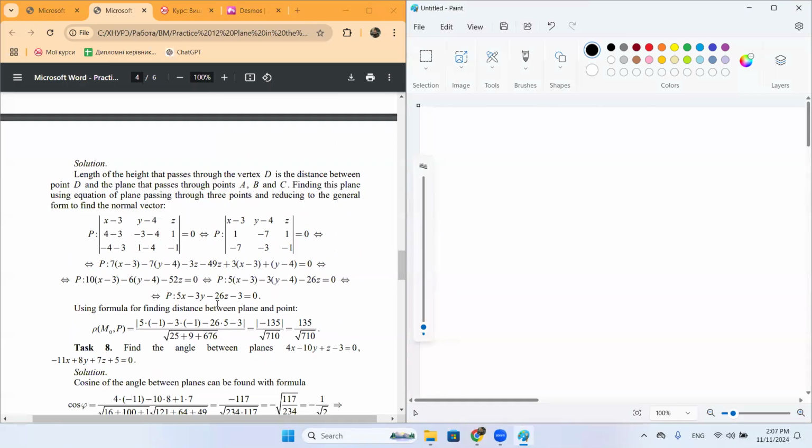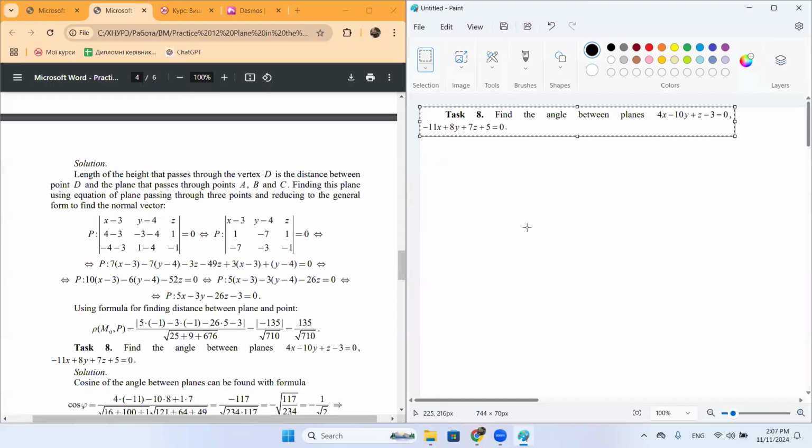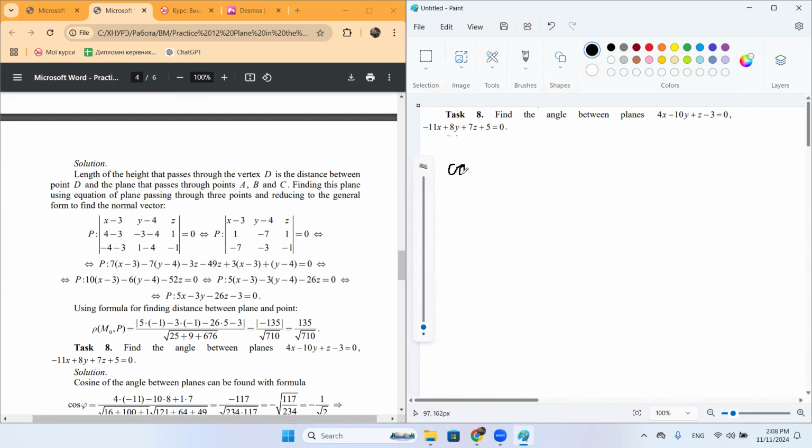So we have two planes. We know their normal vectors. So there is enough information to solve the task. So we need to calculate the scalar product and divide it by the product of their magnitudes.